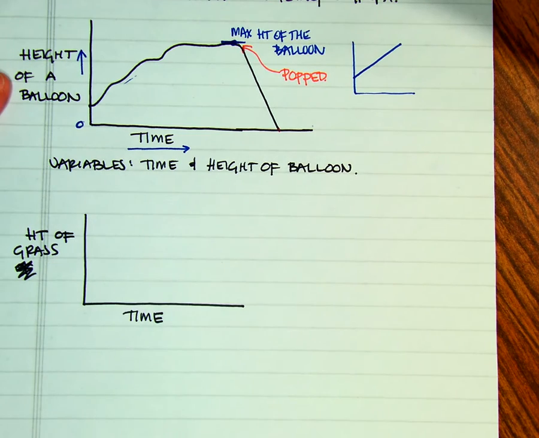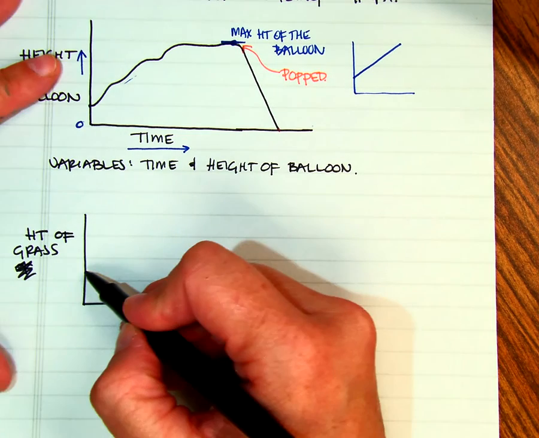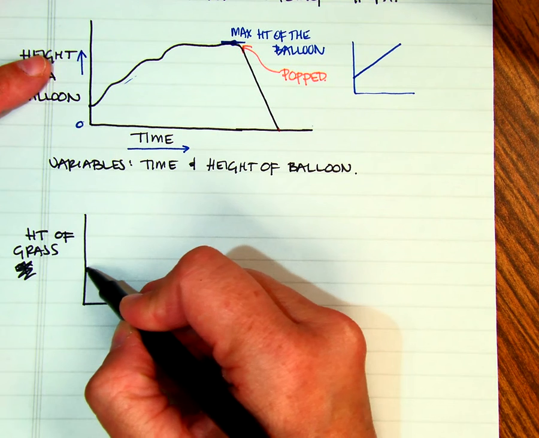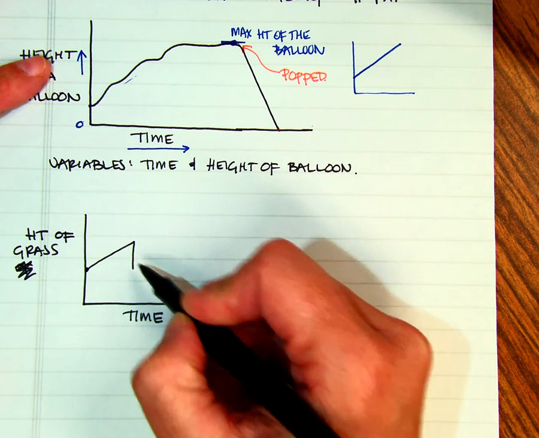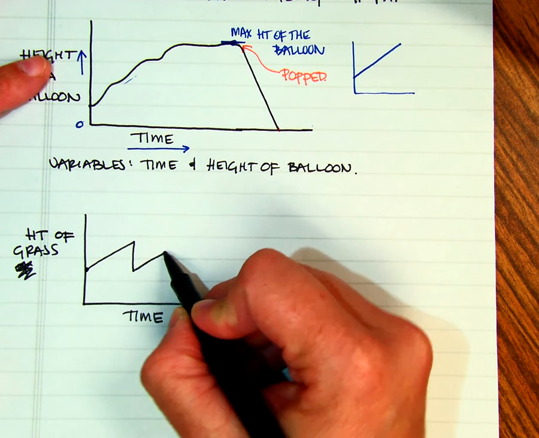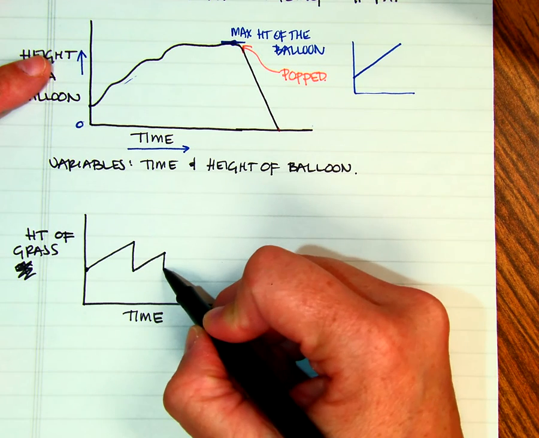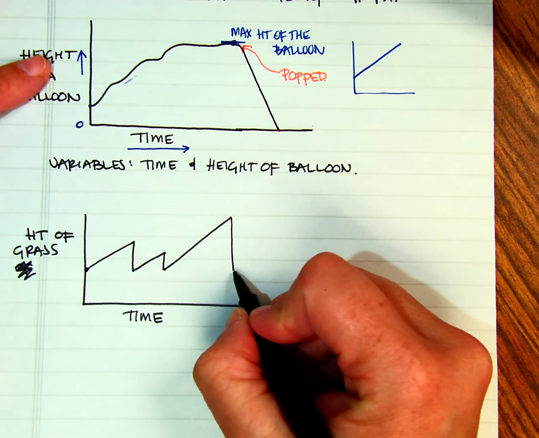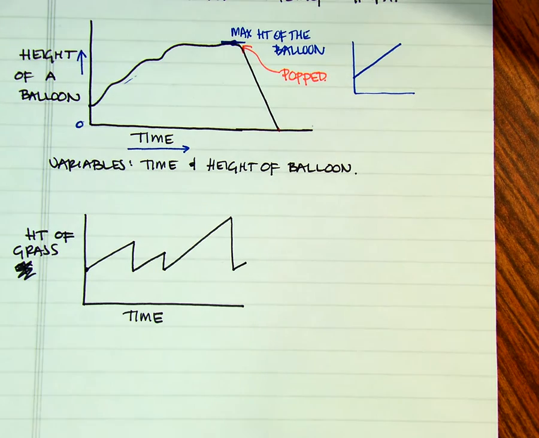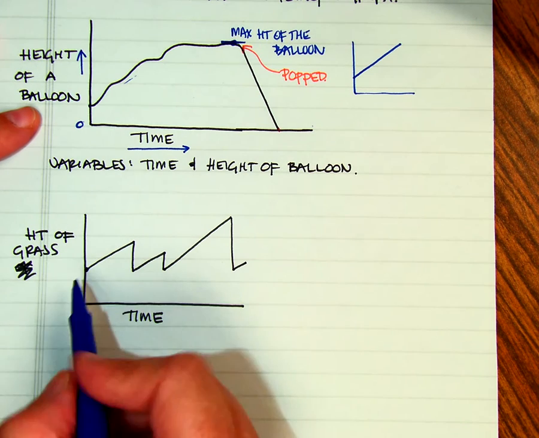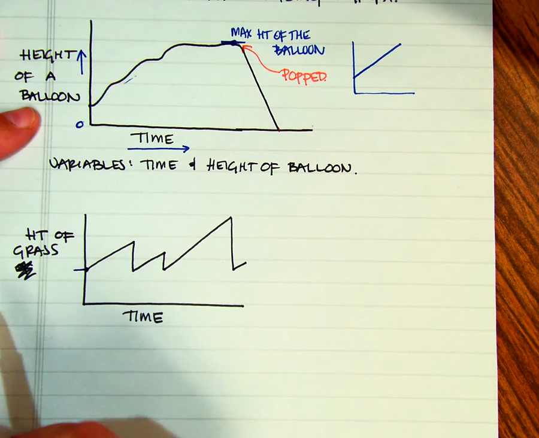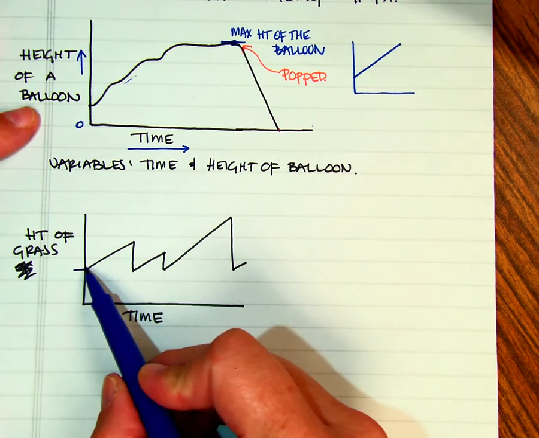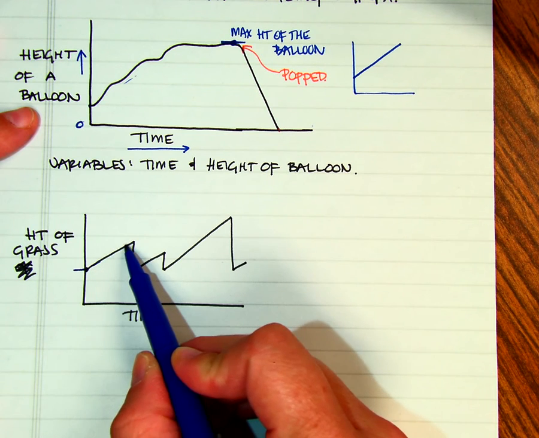Okay, so the height of your grass in your yard. Okay, so over time, so we have the height of the grass. So the grass keeps getting taller and taller and taller over time.